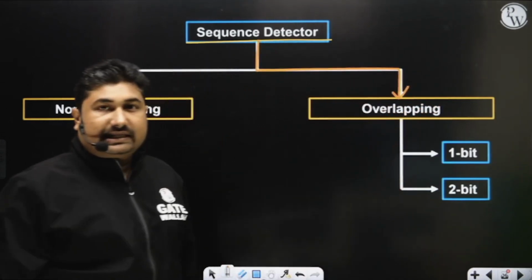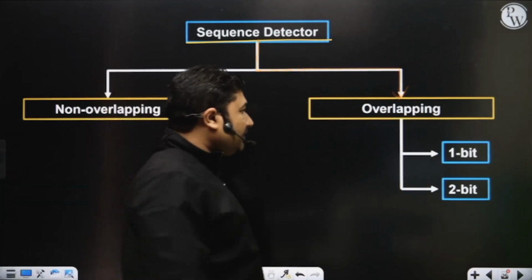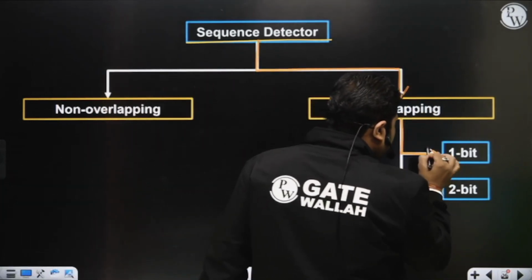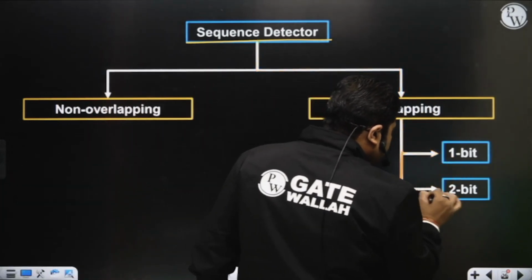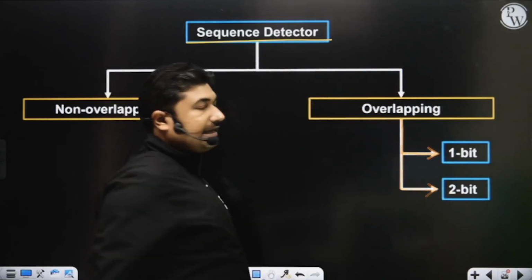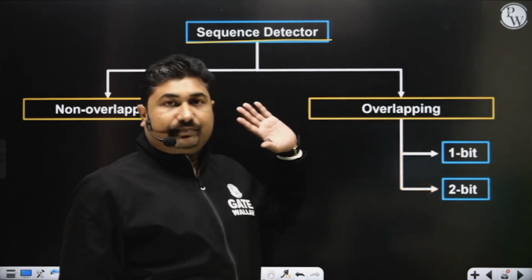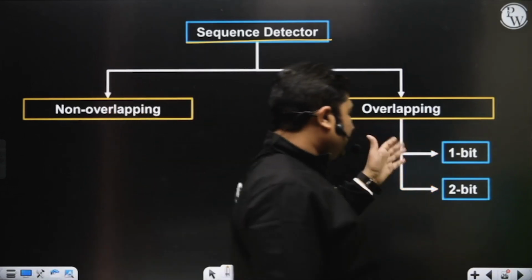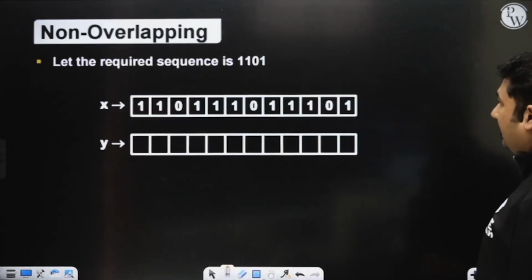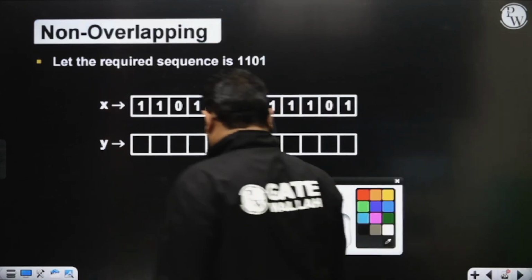Overlapping sequence detector can be a 1-bit overlapping, or it can be a 2-bit overlapping. Is it okay? Yes, sir. Okay. Maybe 1-bit, 2-bit, or a 3-bit overlapping. Okay. Now please observe here.